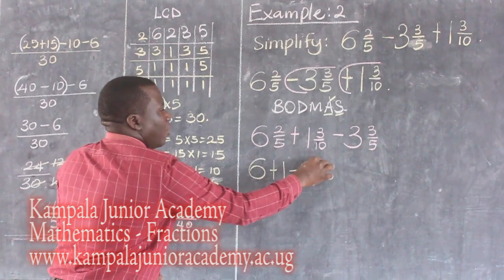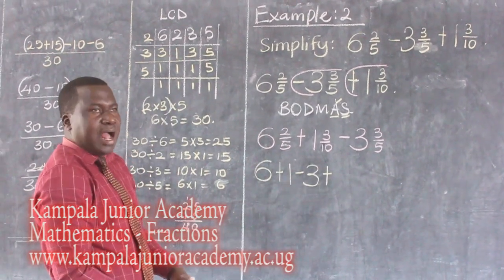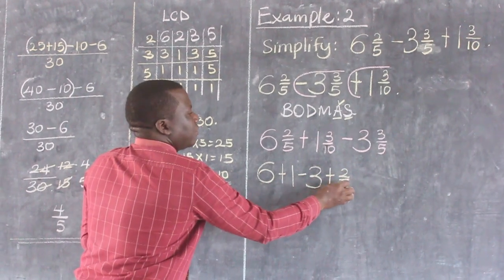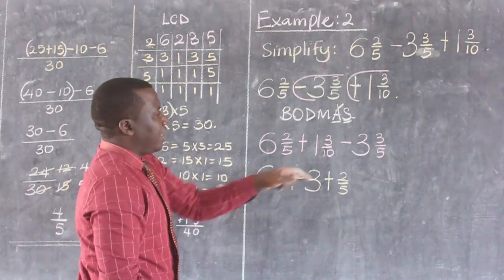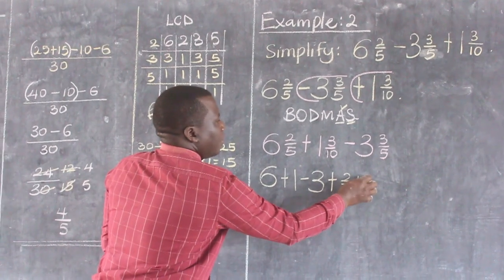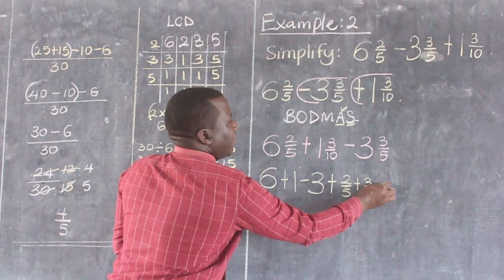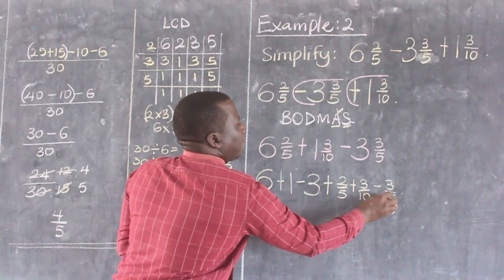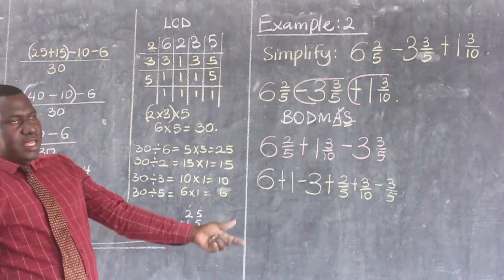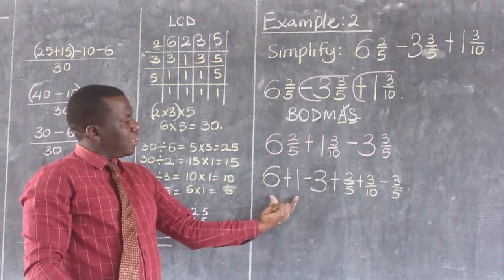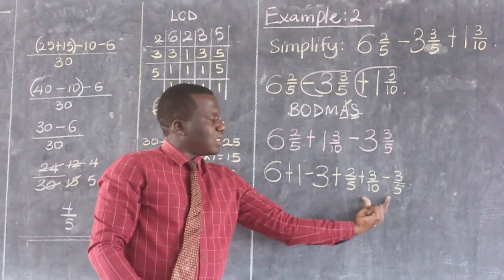Then you now deal with the fractions alone. Okay? So we shall now have 2/5 plus this other fraction, 3/10, then minus the other fraction, 3/5. Okay? So here you have first dealt with only the whole numbers and then the fractions alone.